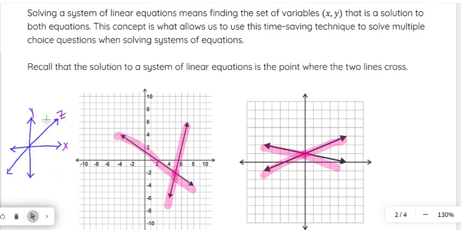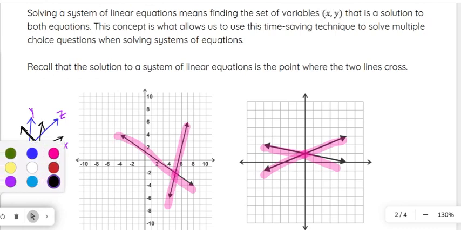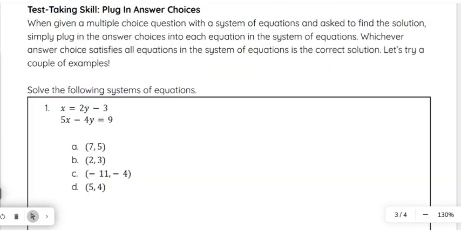Think of this 3-dimensionally, with 3 planes graphed like this, and another one, and another one. The one place where they all meet is going to be your answer. So that's what we'll be looking for again in the answer to a system of equations.